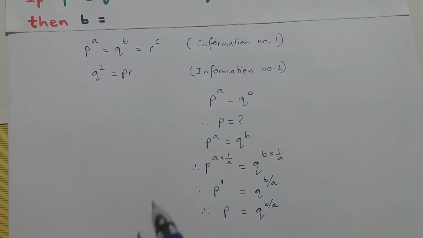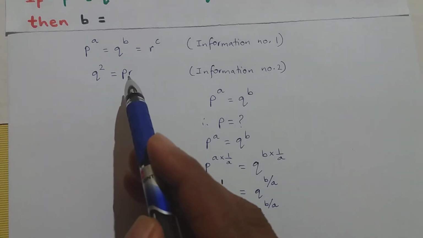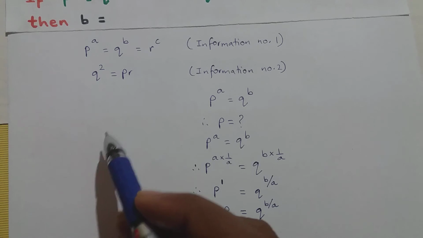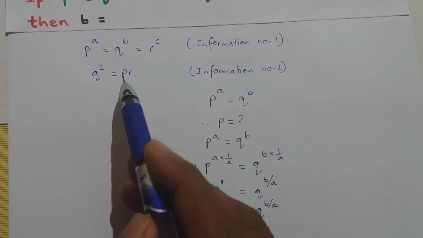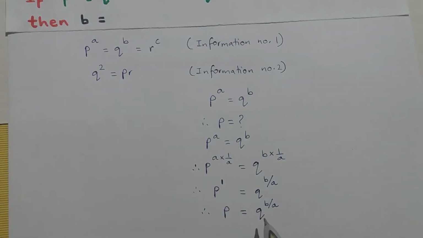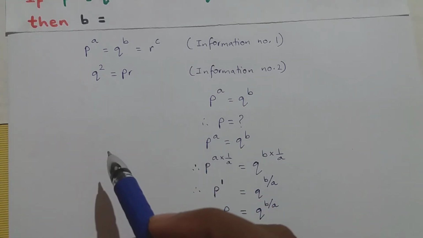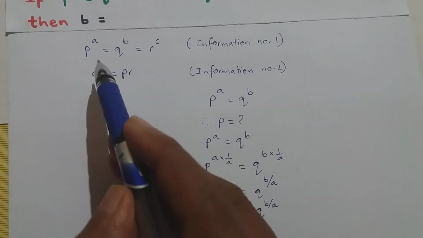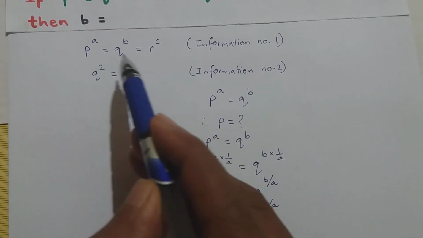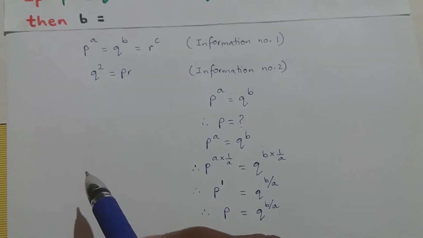Now similarly we have to find r in terms of q. We have already found out p in terms of q. Now I will find out r in terms of q. For that also I will take the help of information number 1.